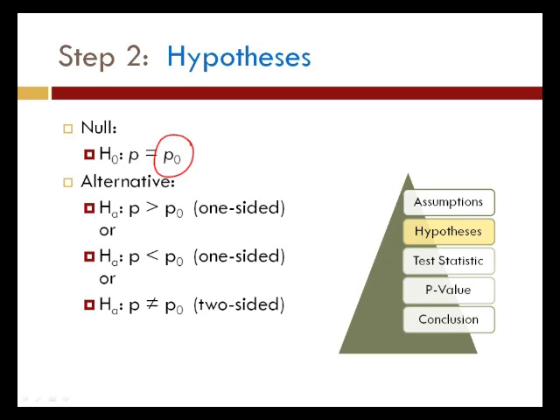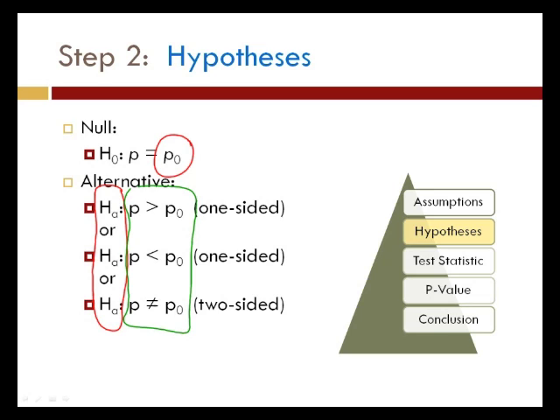And then your alternative is always, and this is just to identify which hypothesis it is, this is actually not part of the hypothesis itself. The actual hypothesis statement is here, and you have 3 choices: greater than, less than, not equal to.